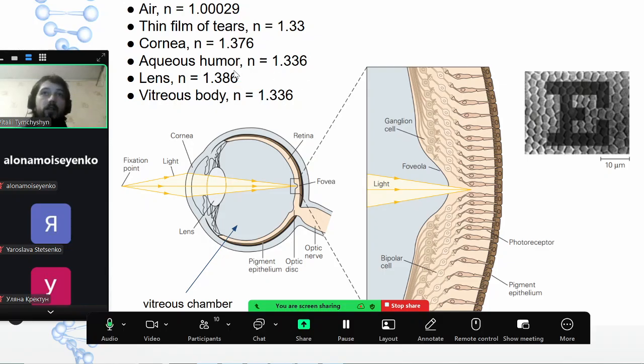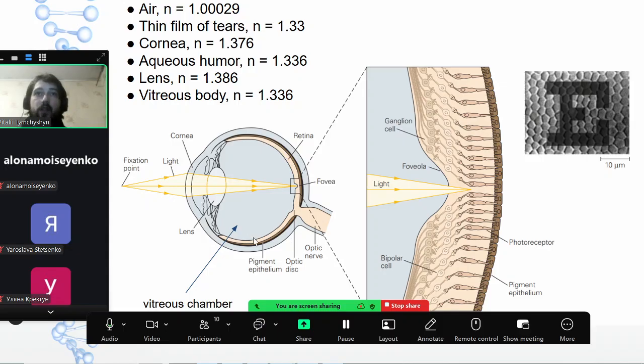So the lens has almost the same n as the vitreous body. So most of the light bending is performed basically by the vitreous body, and just a small percent of that may be attributed to the lens. So that's maybe some interesting point for you.